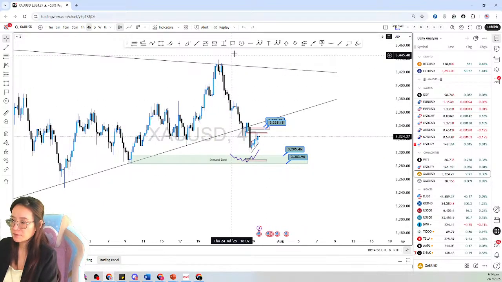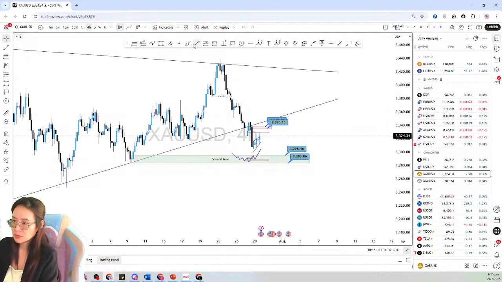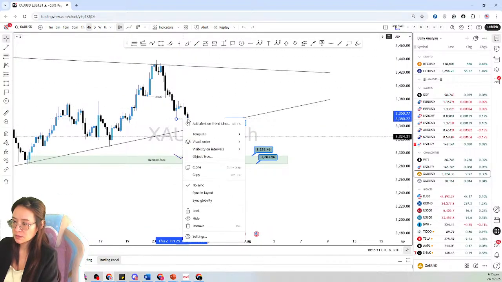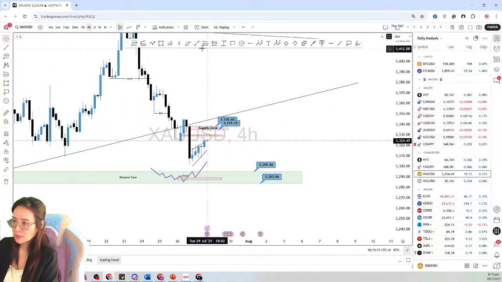And in the higher time frame, you can see that this is your change of character. This is a break of structure at this level, BOS, and this is also our BOS.